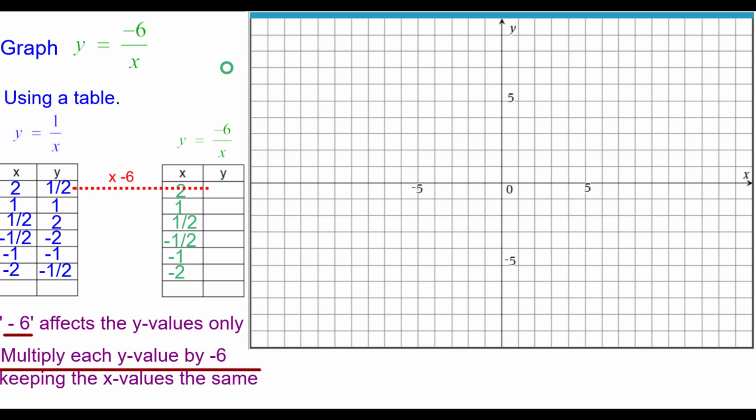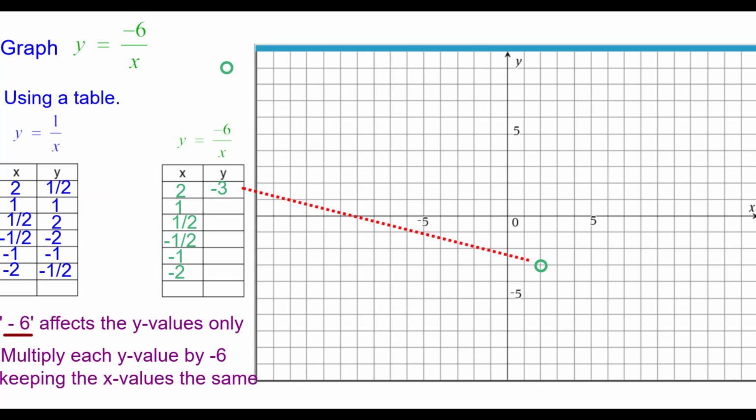So take the y, 1/2 times -6 is -3. So we'll plot 2, -3. 1 times -6 is -6, so 1, -6. So we're going to ask you to go ahead and find the other 4 points, plot them, finish the graph, press pause to do that, and resume when you're ready.